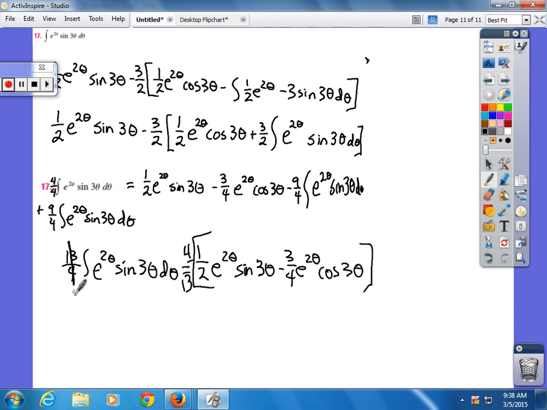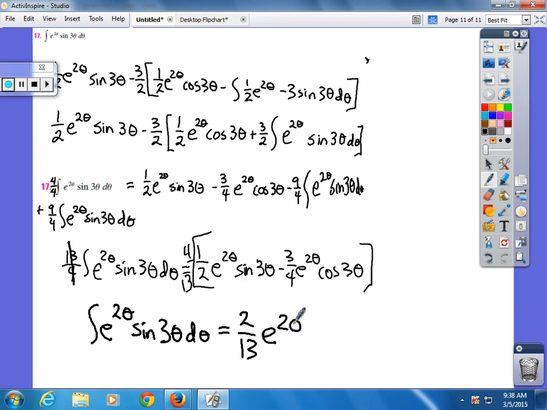So the antiderivative of e to the 2 theta sine of 3 theta d theta is equal to, I have no idea, 2/13, help me out. Is it 2/13?